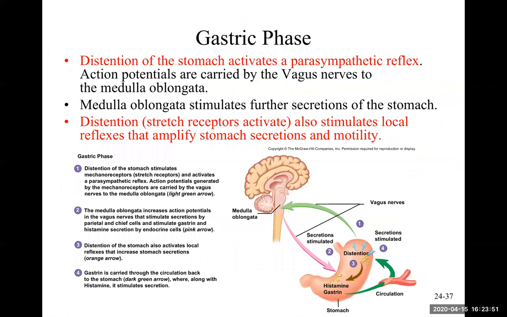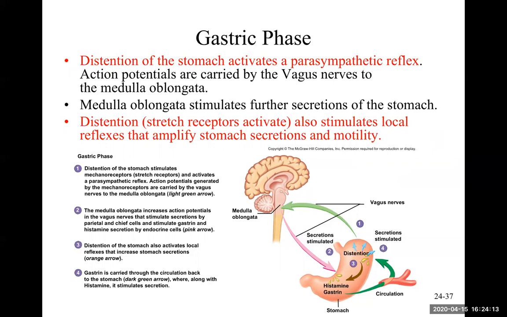The next phase is what happens when the food hits your stomach. Once food hits the stomach, we'll hit the gastric phase. The gastric phase, right here. Food hits the stomach and starts to stretch. As the stomach starts to stretch, it activates the vagus nerve. The vagus nerve then increases activity of the stomach.